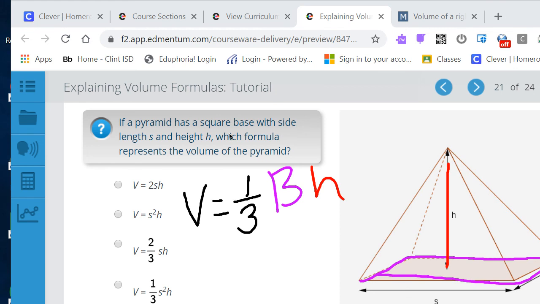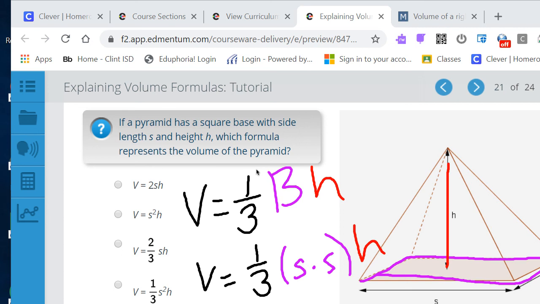Now volume stays the same, the 1/3 is going to stay the same so far. The area of the base, remember we do length times width, so that would be s times s. And then the height is just letter h. There's no number there.